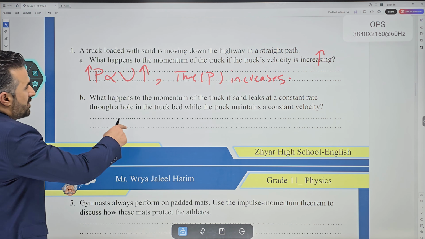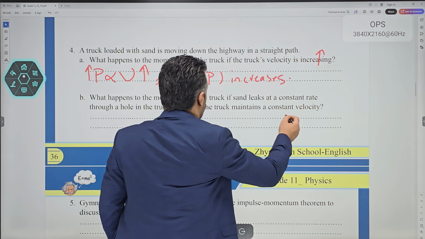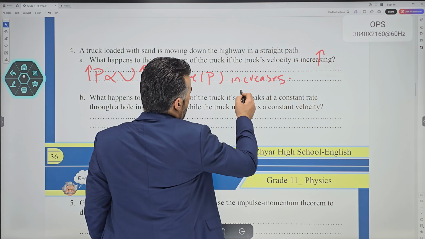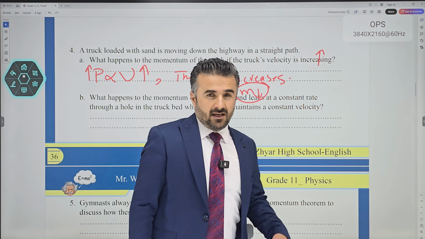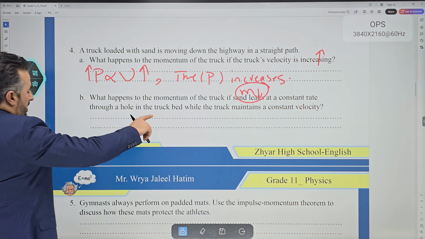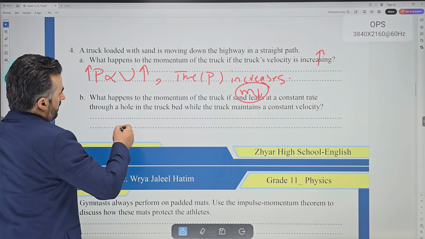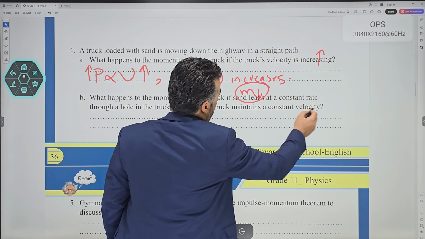Part B says, what happens to the momentum of the truck if the sand leaks at a constant rate? If the sand leaks, that means the mass is getting smaller and smaller, as sand comes through a hole in the truck bed while the truck maintains a constant velocity.